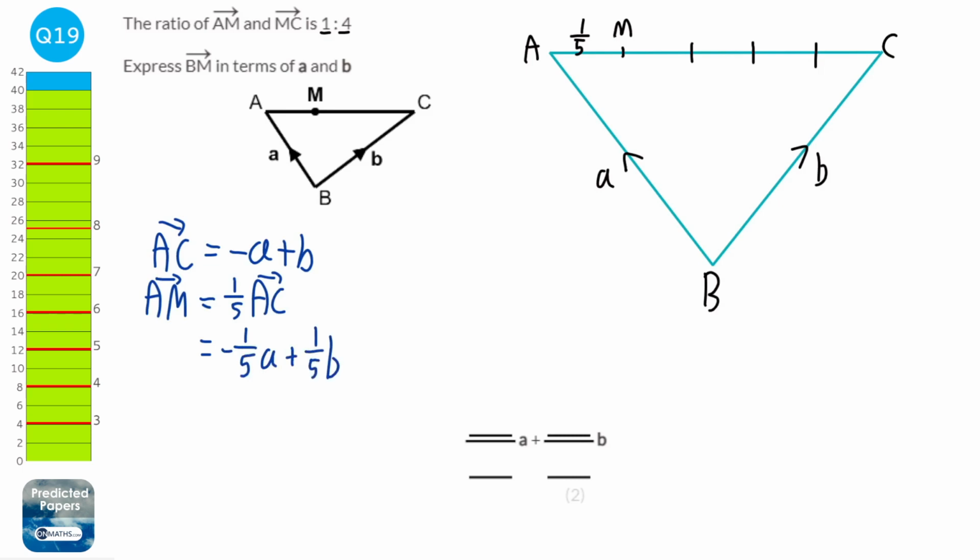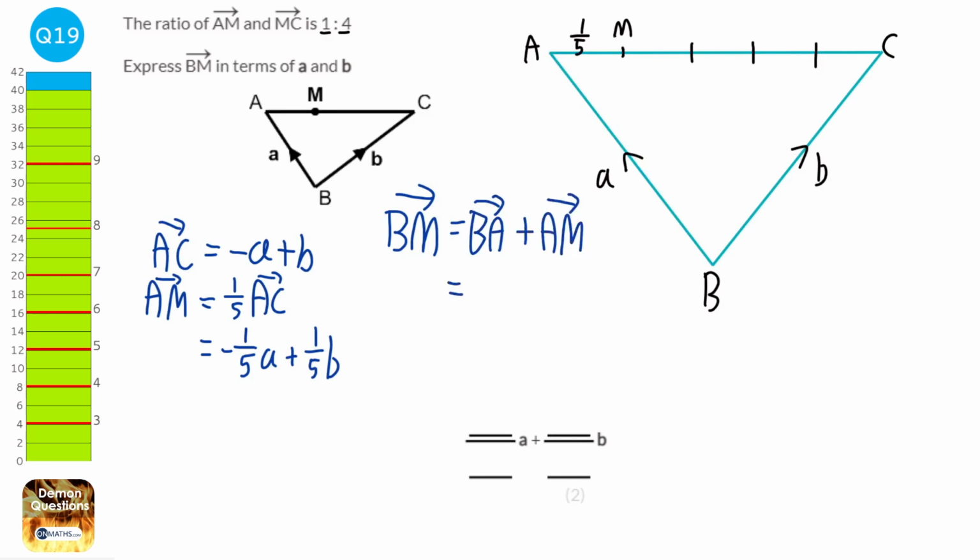Now we're asked for the vector B to M. And we know that that's going to be B to A plus A to M. We know B to A because it's labelled, it's just A. And we know A to M because we've worked it out down here.